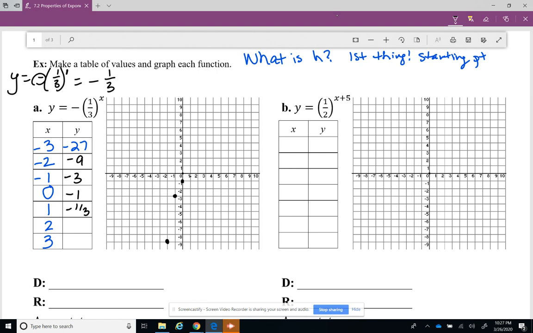So 1, -1/3. Let's put a 2 in there. We have a negative out in front, so 1 squared over 3 squared, which is negative 1/9. Let's graph that one: 2, negative 1/9. Let's put a 3 in the picture.